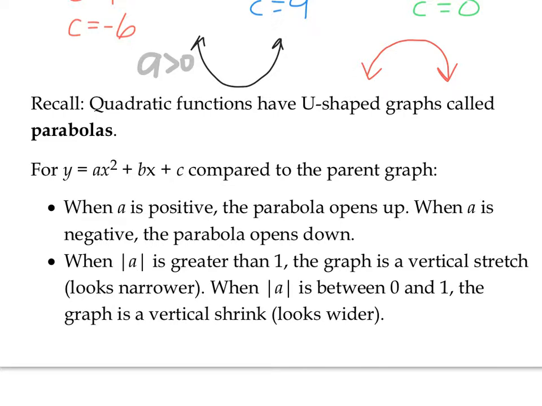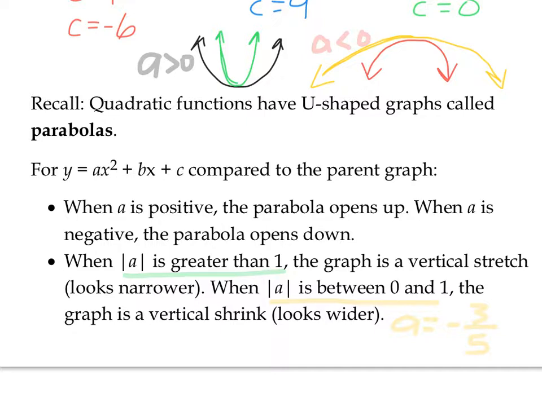Then if we had an a value of like 5 or something like that, so here where we have absolute value a is greater than 1, we'd have a graph that maybe looks something like this, that's more narrow. And if we had an a value that was between 0 and 1, let's say a was negative 3/5, it'd be opening down and it'd be more wide than our standard graph.